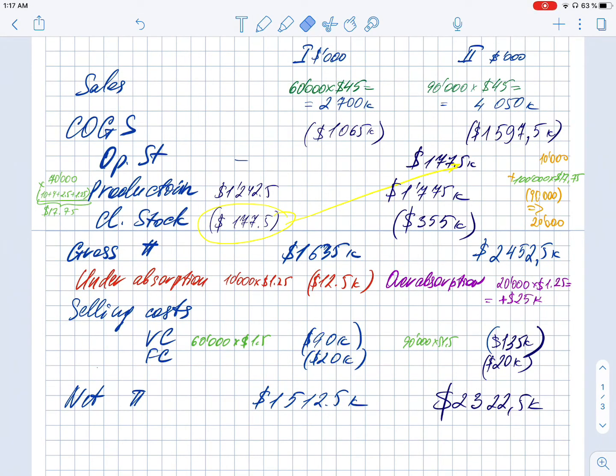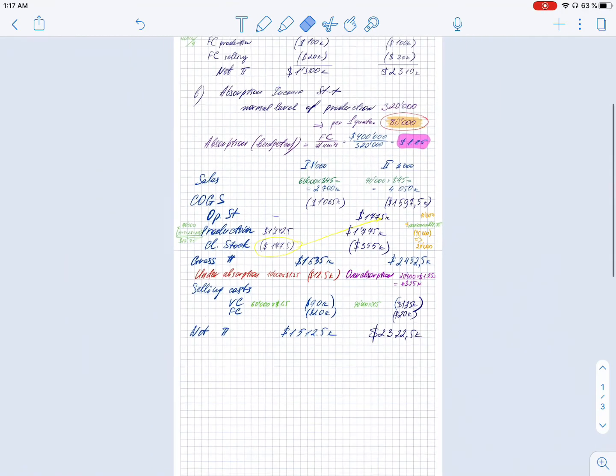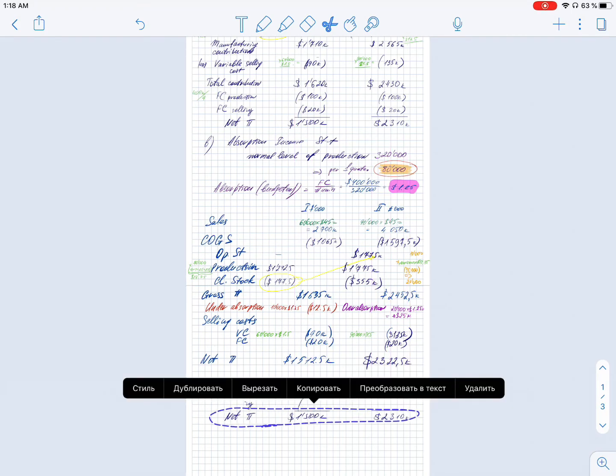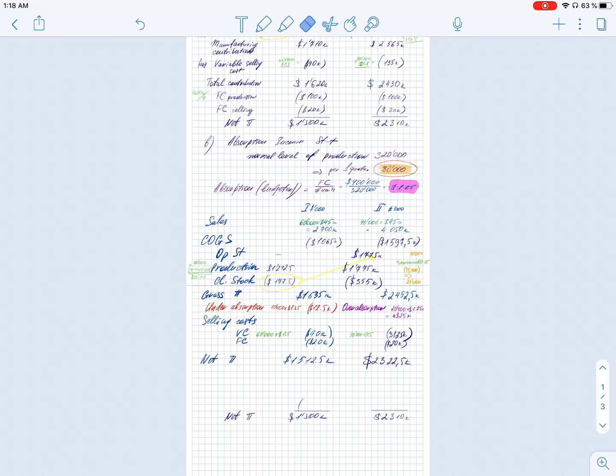But the last step is profit reconciliation. So we have to explain why profits under marginal costing and absorption costing differ. So we have to take the net profit calculated under marginal costing. I will copy the amounts, put it here. So these are profits under marginal costing. Net profit marginal.